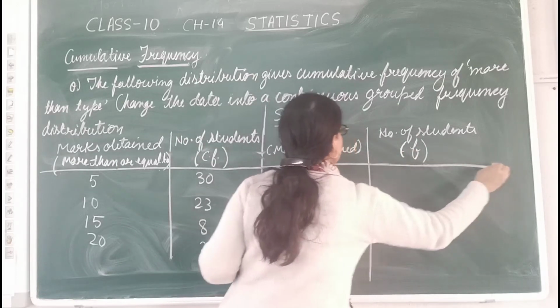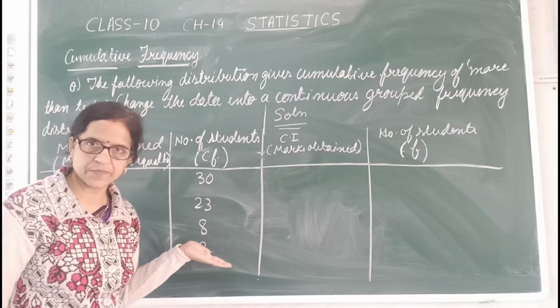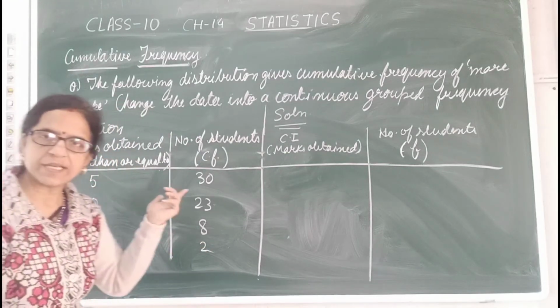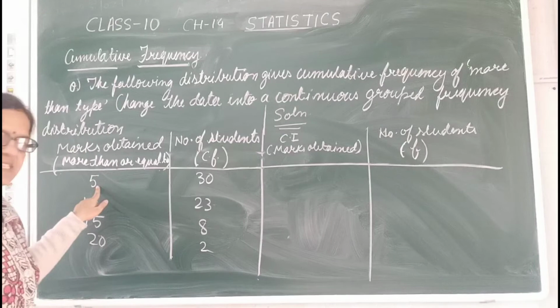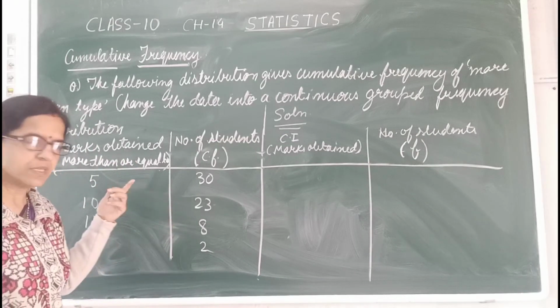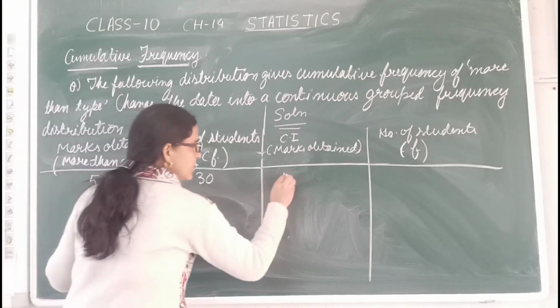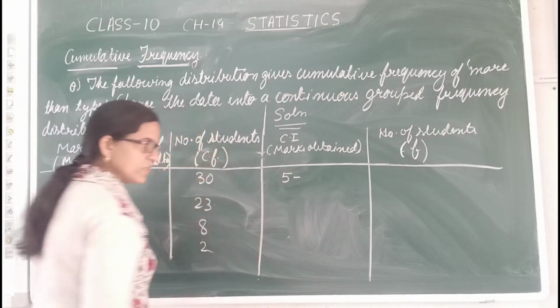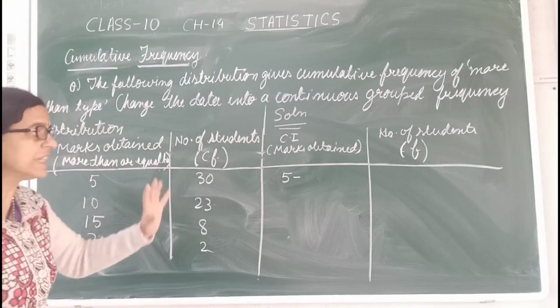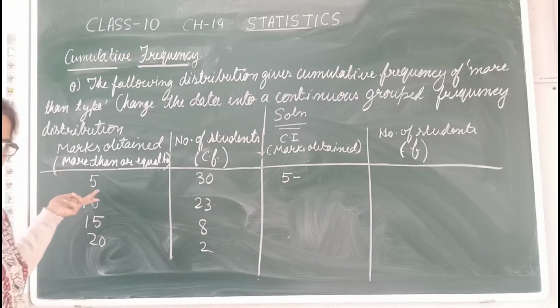Now, I said in more than type we write the lower limit, and in less than type we write the upper limit. So obviously this 5 is a lower limit. Now to make the next, the lower limit of the first class is 5, so I will be writing 5 over here. To get the upper limit of the first class interval, what we will do is subtract.